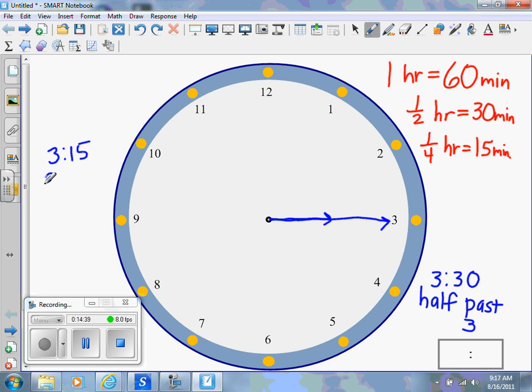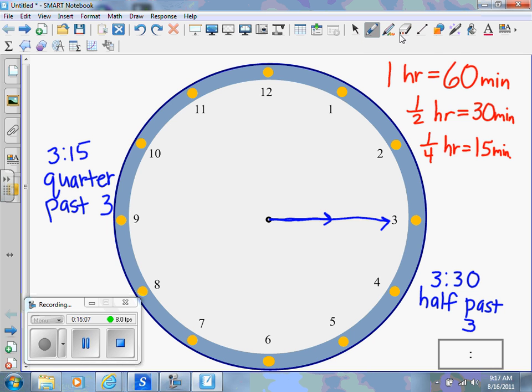So we could say a quarter, yes, past 3. Excellent. And you will hear adults talk like this when they're talking about the time. Sometimes they say, oh, it's 15 after 3, but sometimes they say it's a quarter after 3 or a quarter past. Saying after or past is the same, okay?